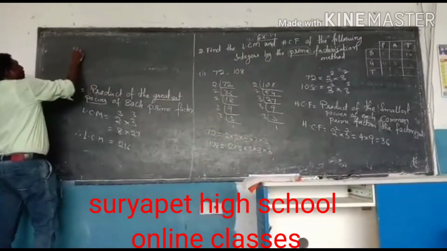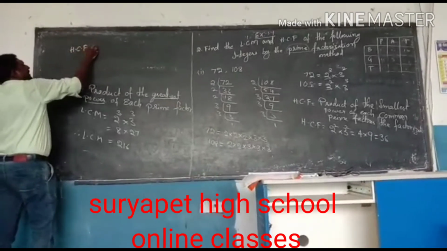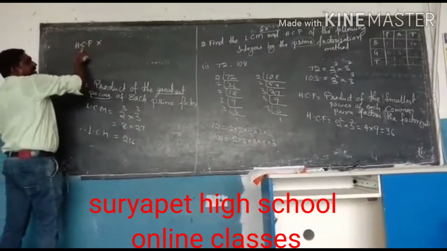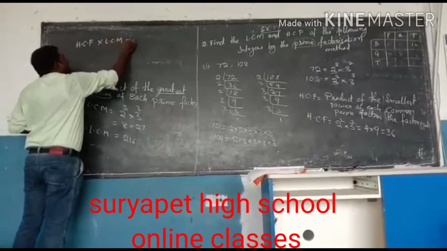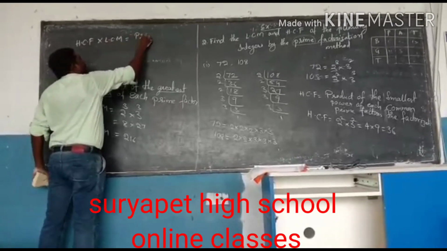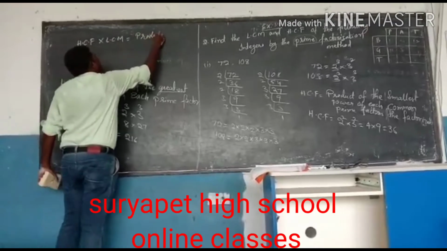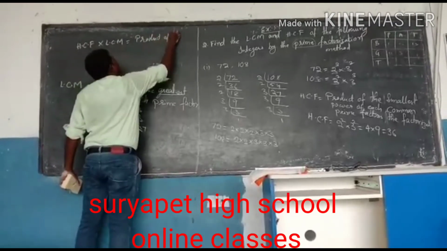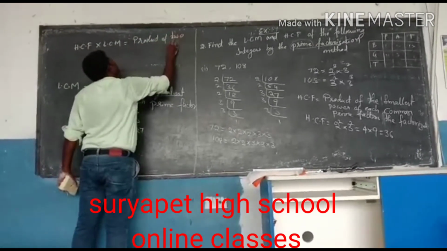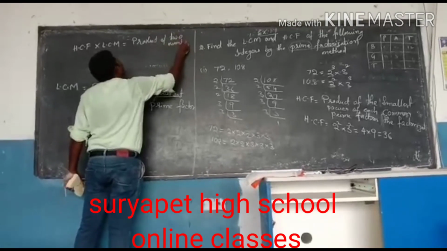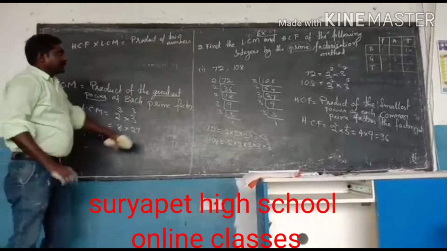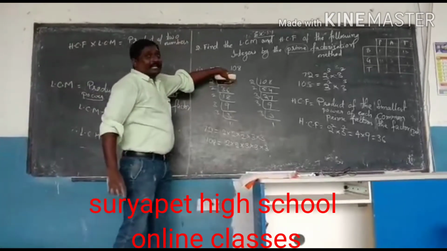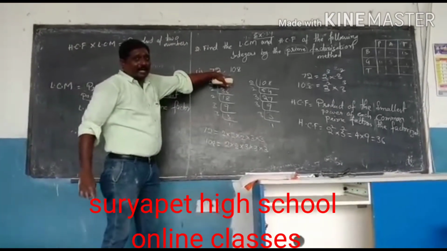The product of the HCF of any 2 numbers and the LCM is equal to the product of the given numbers. What are the 2 numbers we have taken here? 72 and 108.